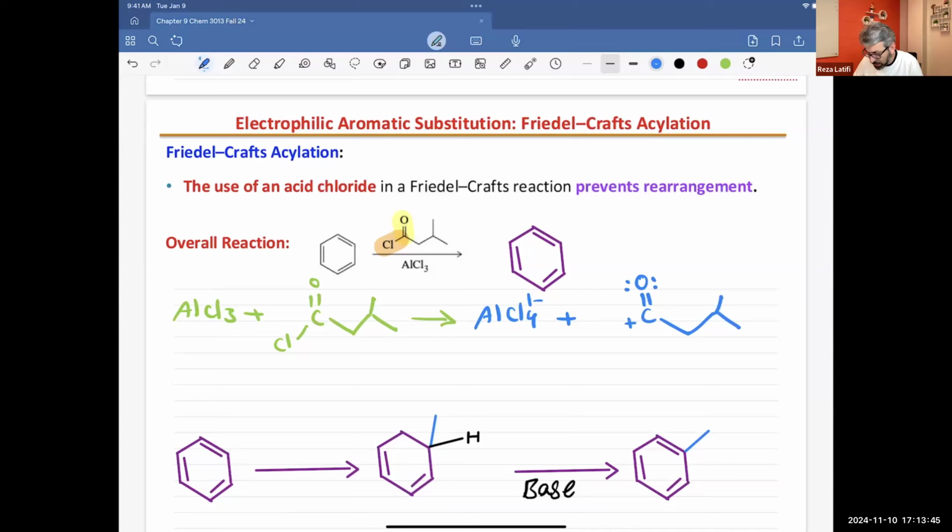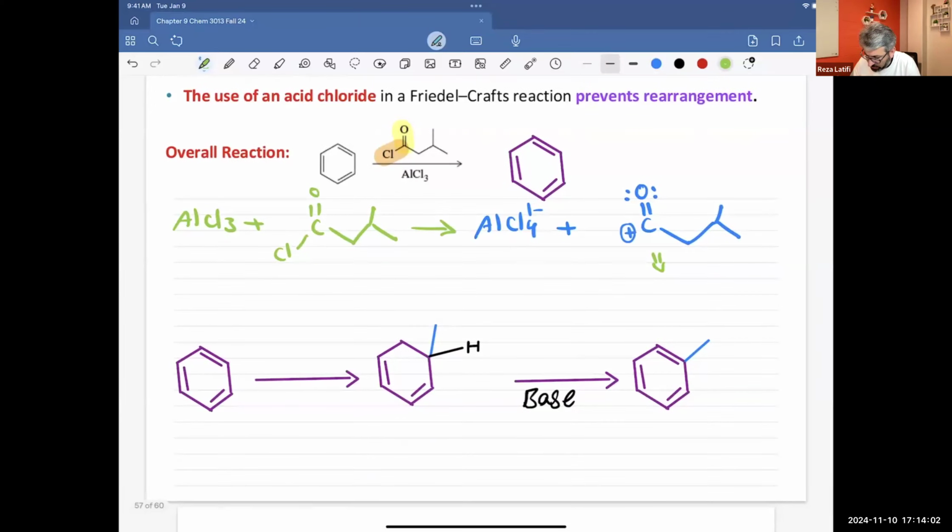Now, carbon has a positive charge. Is there any way to make the carbon more stable? Yes, oxygen is there, and oxygen can share a lone pair with carbon, and it will make it more stable. So we can have this resonance structure, and we can have carbon attached to oxygen through a triple bond.